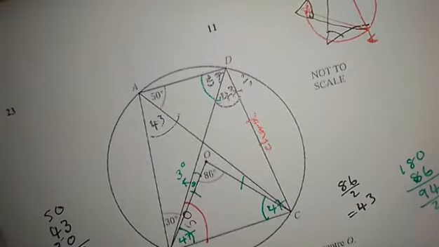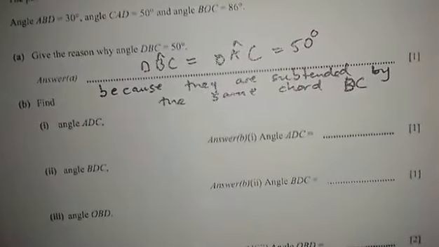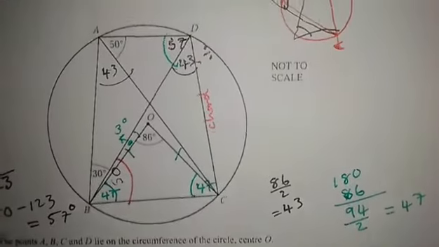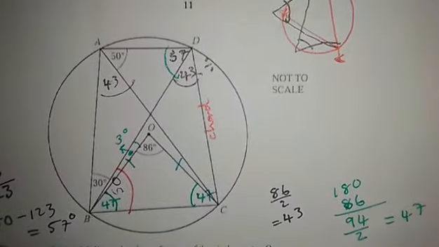Right. So once that has come out, we go to our questions and look at the angles being asked. The first angle asked is ADC. Which one is ADC? This is A, this is D, but C is over here. So you have to be very, very careful on that one.